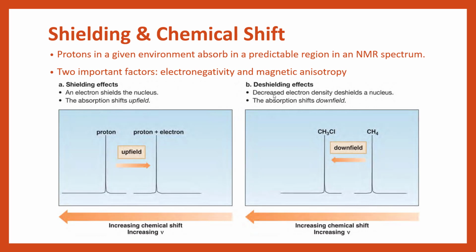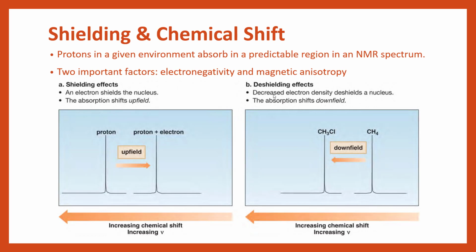electronegativity. However, de-shielding means that the electron density that would typically surround that nucleus has been pulled away from it, and it's been pulled away by something that's more electronegative. So we talked about electronegativity last week in the IR spectroscopy, and I provided you with an electronegativity table, so again that's there to help you here.